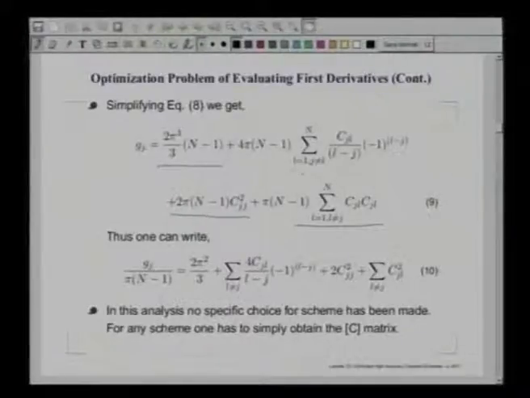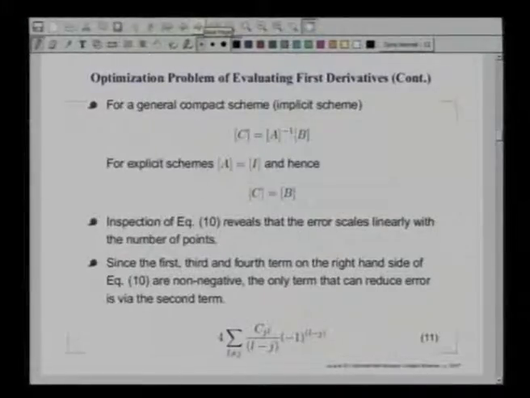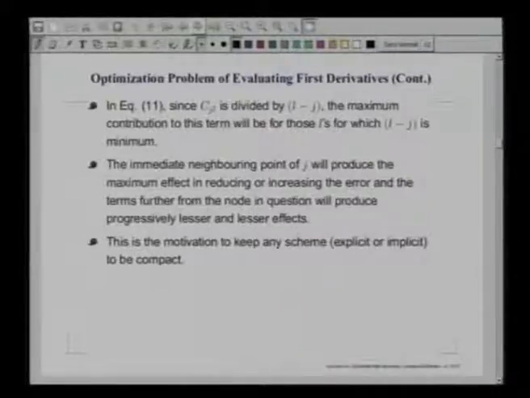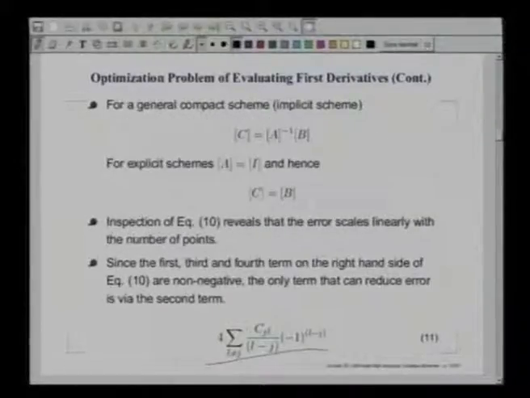It is only this term that can be manipulated to reduce error, and this is what has been achieved by us, and we see that such an error term is identified here in the end, and we can choose our C matrix in such a way that we get that. What you also notice is that this C j L is divided by L minus j.